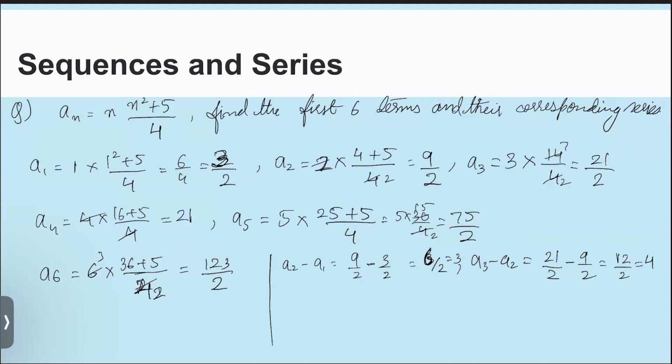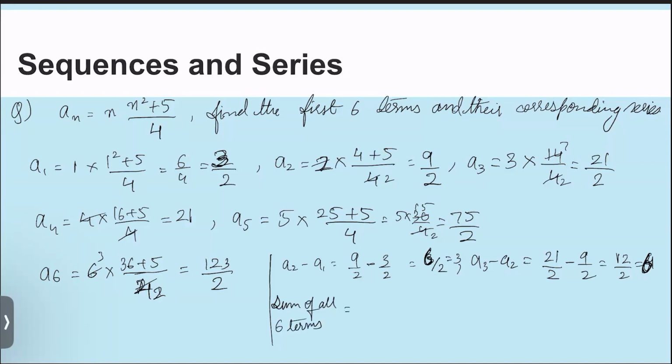Okay, so we are seeing that the D is not constant. So this is not an arithmetic series. So what we can do is find the sum of all 6 terms.